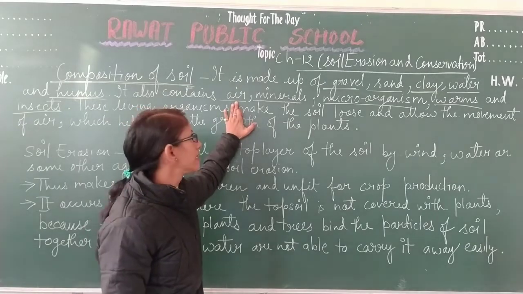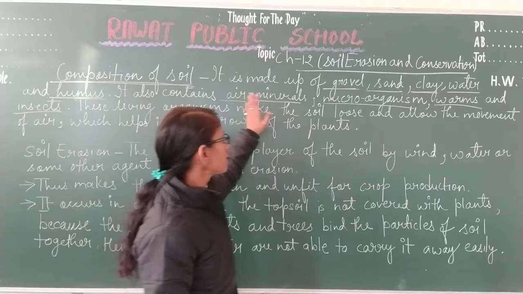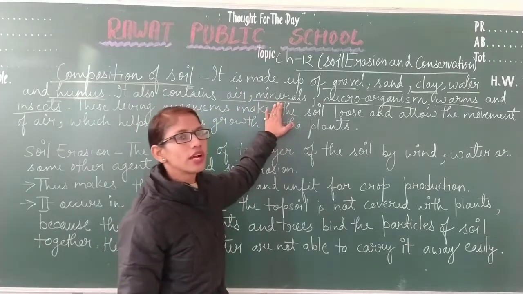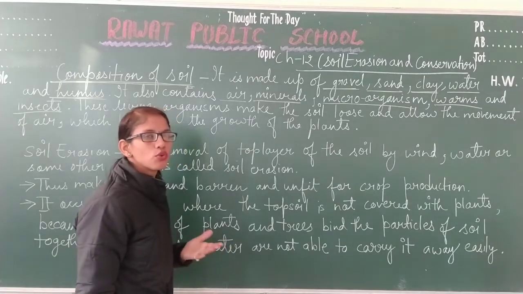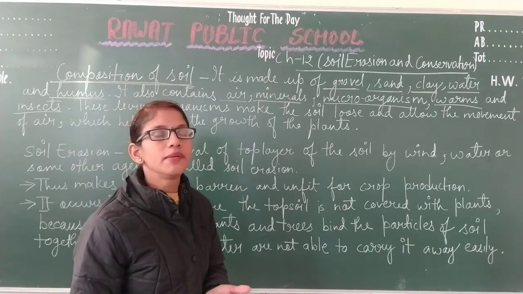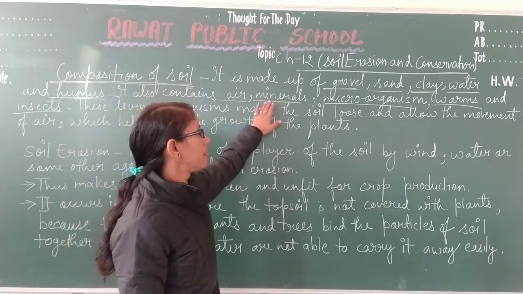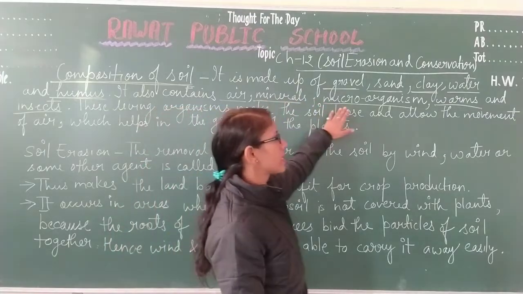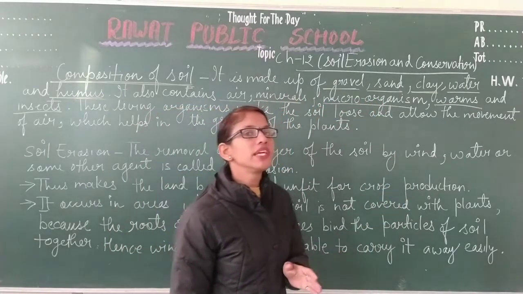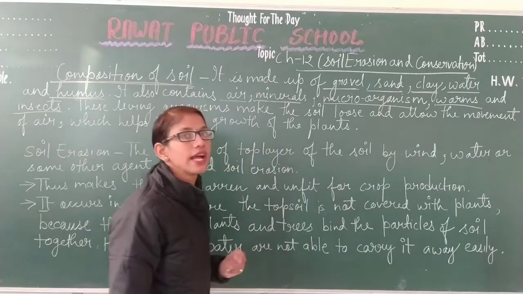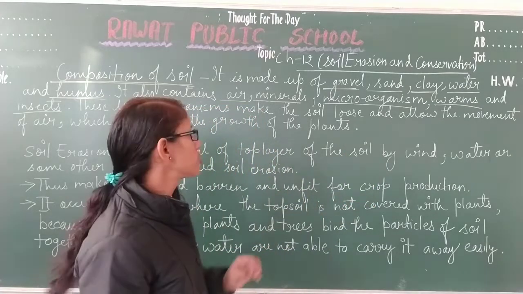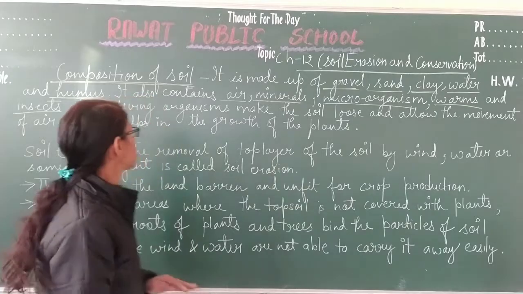And minerals, we know that we extract a large number of metals from the soil, like hematite and pyrite. Then different animals make their homes in the soil, like earthworms, insects and ants, so they are also present in the soil.